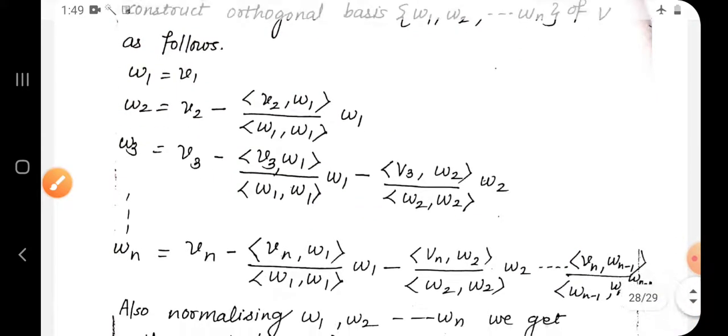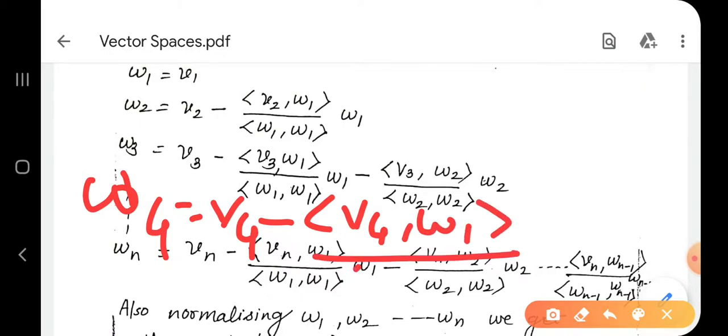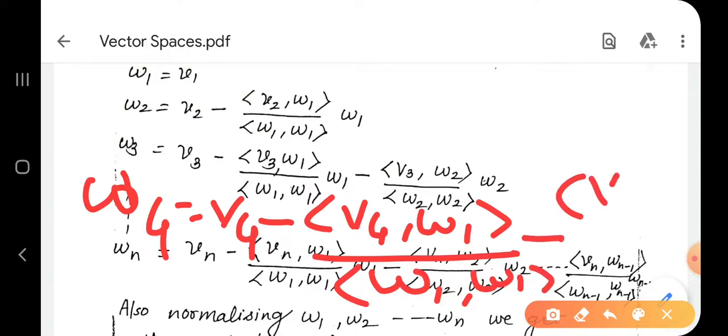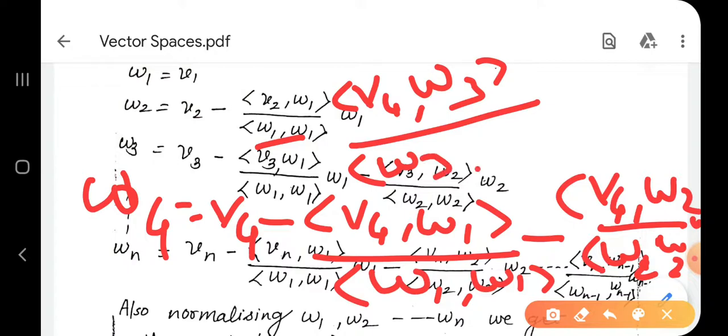In this way, tell me w4: v4 minus the inner product of v4 and w1 divided by the inner product of w1 with w1, times w1, minus the inner product of v4 and w2 divided by the inner product of w2 with w2, times w2, minus the inner product of v4 and w3 divided by the inner product of w3 with w3, times w3.